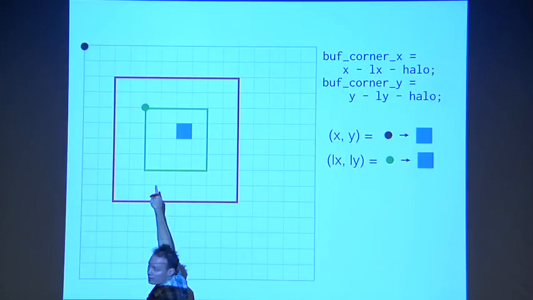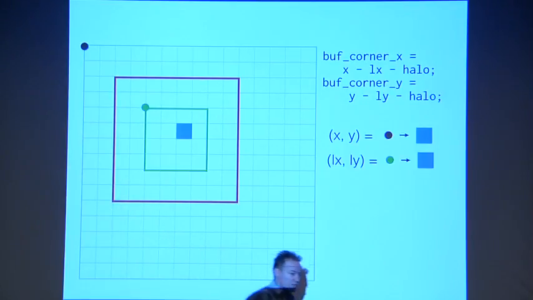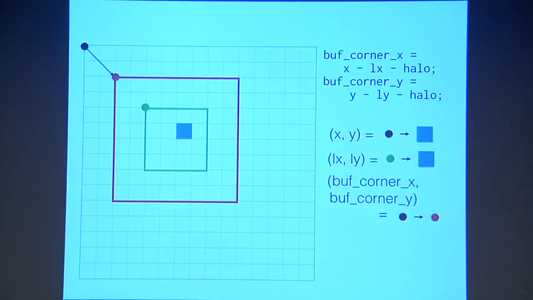We subtract off our local vector, and then we subtract off the halo. So it's the red corner. This is where the buffer lands. We're just getting oriented because the first step is all the threads have to linearize themselves and then load up the red local memory with data to begin processing.